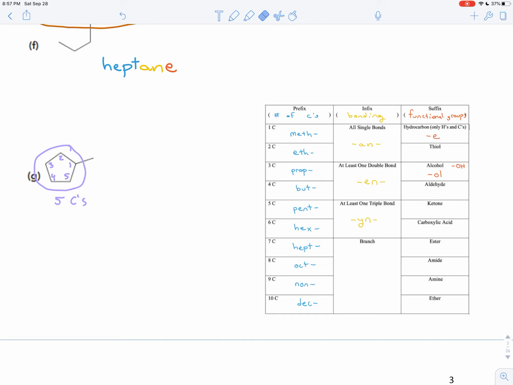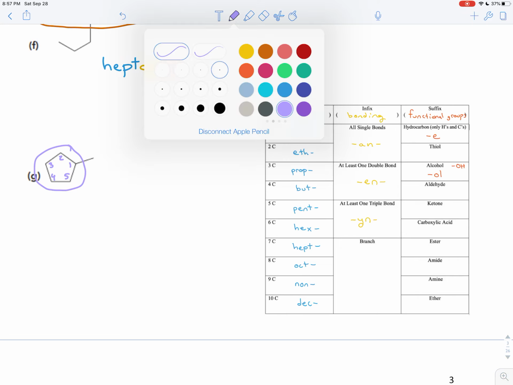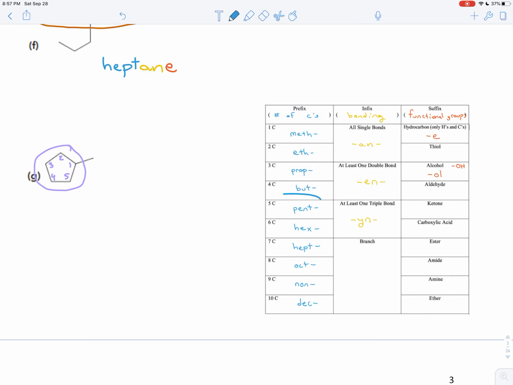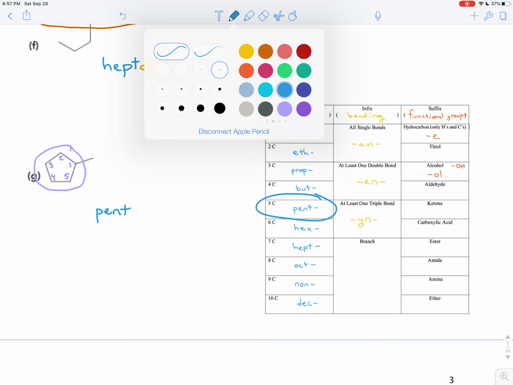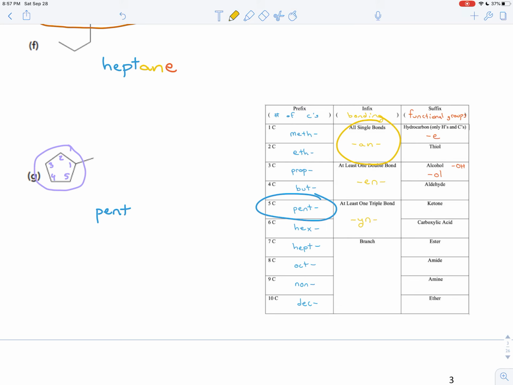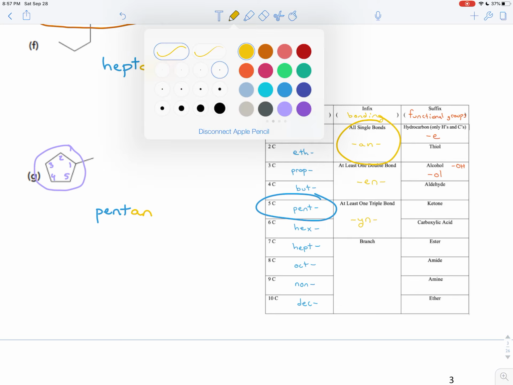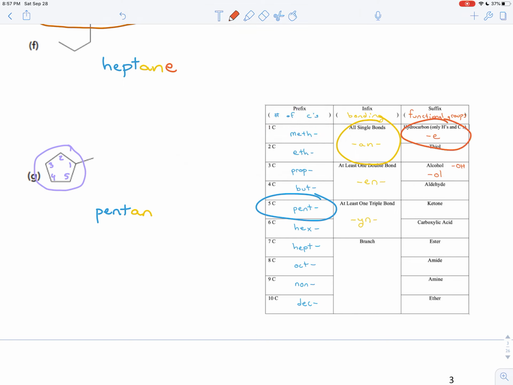So I'm going to circle that so it stands apart from any branches on it. Now we'll learn how to name this branch in a future video, but for now let's just name this backbone. We have 5 carbons. The prefix for 5 carbons is pent. We have all single bonds in the ring, so the infix is AN, and it's a hydrocarbon, so the suffix is E. So pentane.